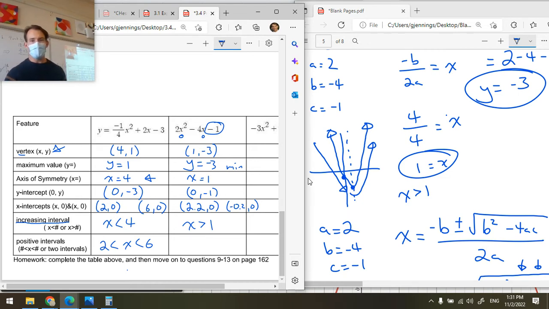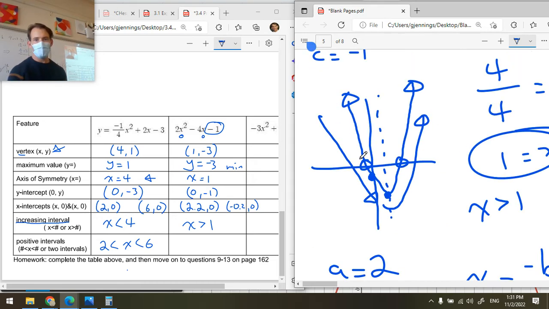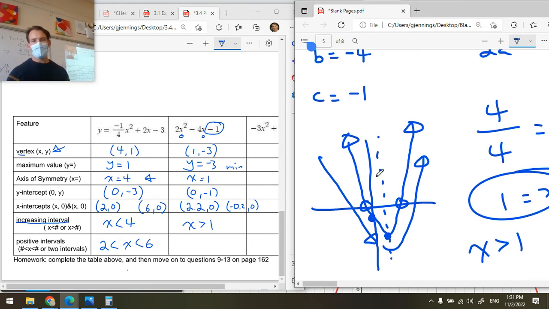And it has two positive intervals. Here's one of the roots. Here's the other root. There's the two roots. If x is less than negative 0.2, then the quadratic is positive.